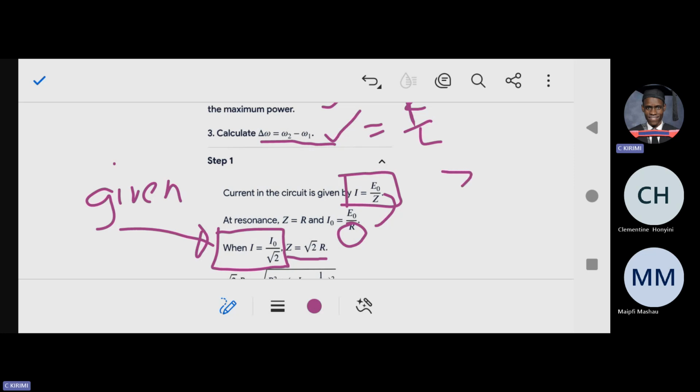Because previously you told us Z is equal to R, isn't it?